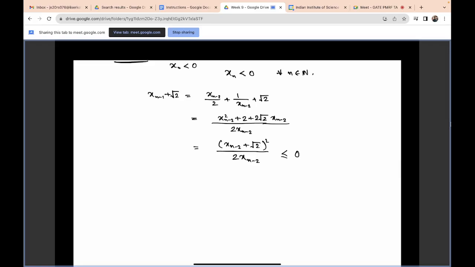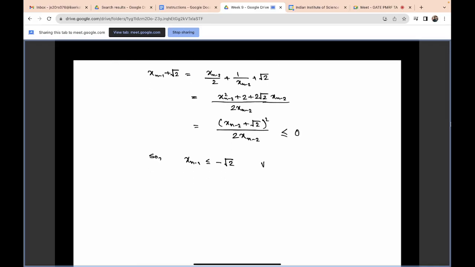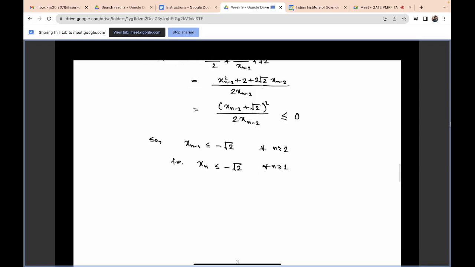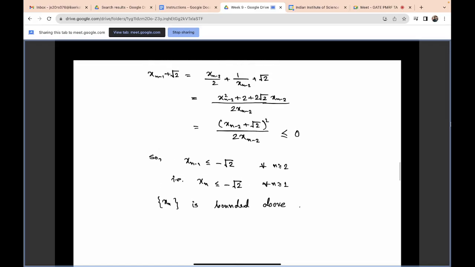This means xn minus 1 is less than or equal to minus root 2 for all n greater than or equal to 2, which is the same as saying xn is less than minus root 2 for all n greater than or equal to 1. So xn is bounded above.